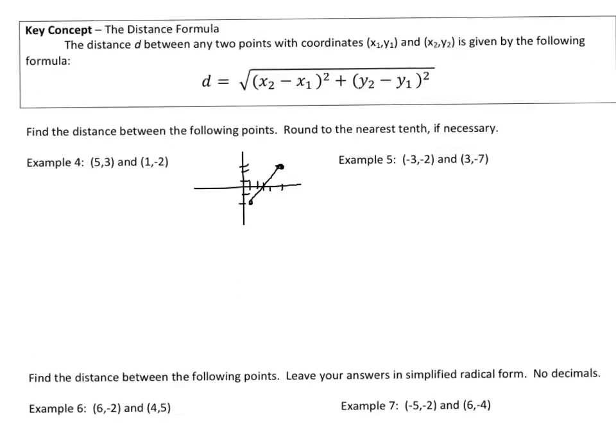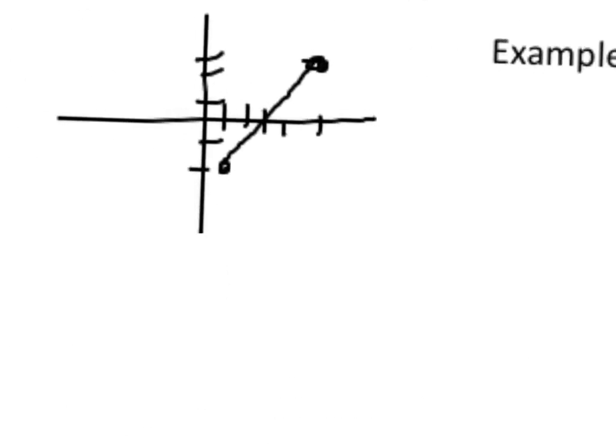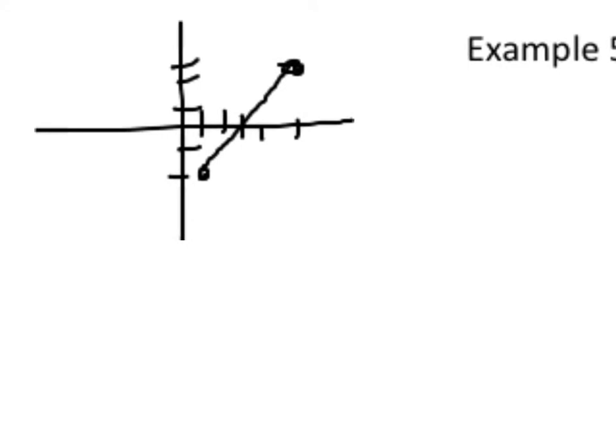Now what the formula does is when you subtract the x and y values, you're basically finding the distance of y values right here and the distance of x values here when you subtract the x's and the y's.